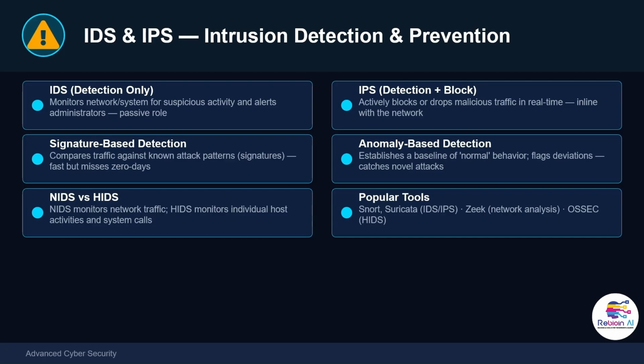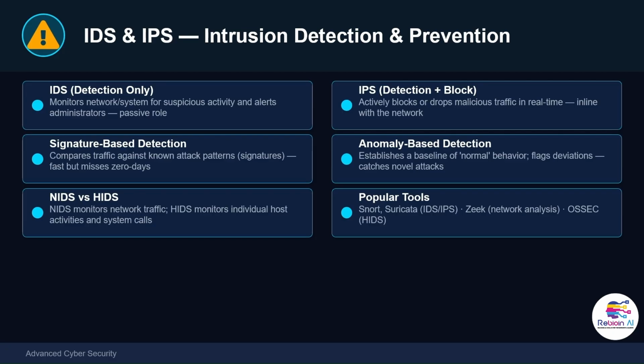Now, how do they detect bad stuff? Signature-based detection is like a wanted poster database. The system knows what known attacks look like, the signatures or fingerprints, and it matches incoming traffic against those. Super fast, very accurate for known threats, but completely blind to new attacks it's never seen before.